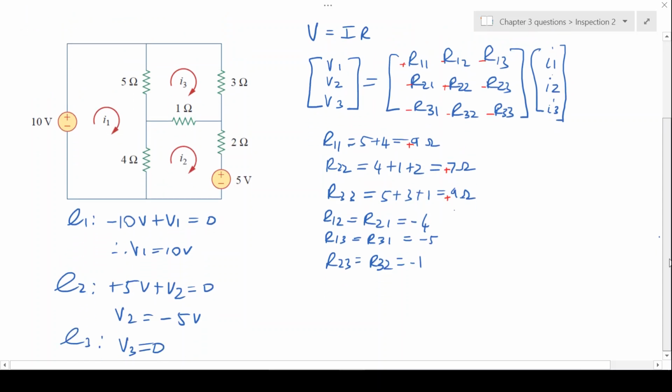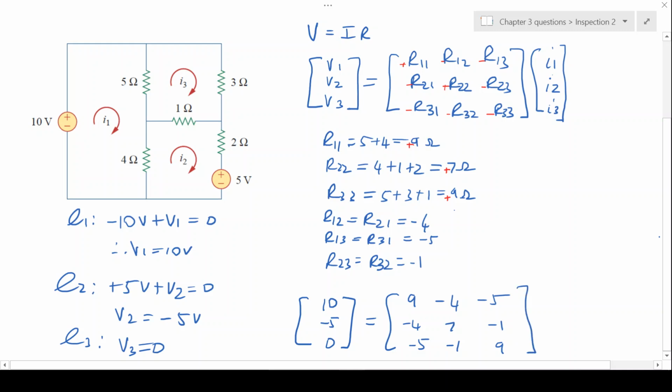And we can then write the whole expression, which is V1, which is 10, V2, minus 5, V3, which is 0, equal to R11 which is 9, R12 is minus 4, R13 is minus 5, R21 is -4, R22 is 7, R23 is -1, R31 is -5, R32 is -1, and R33 is 9.